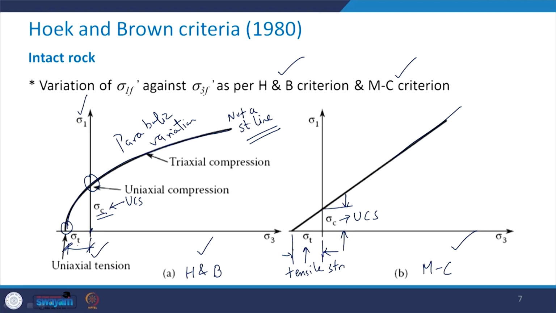So, if you compare these two criteria, one is a straight line, the other is a parabolic variation. Why is it more commonly adopted in case of rocks? Because most of the time when you conduct the triaxial test on the rock, this is the kind of variation that you will get and not the straight line.